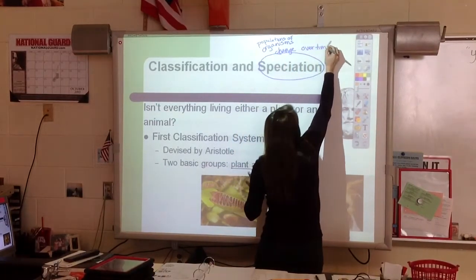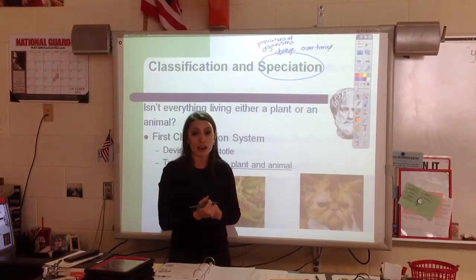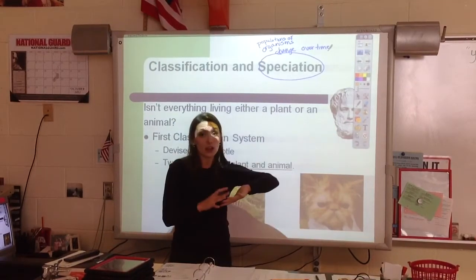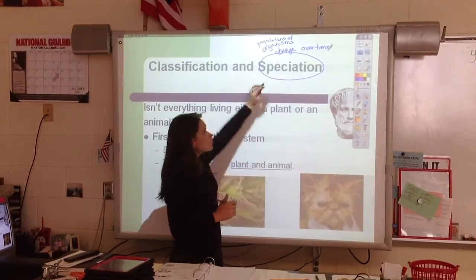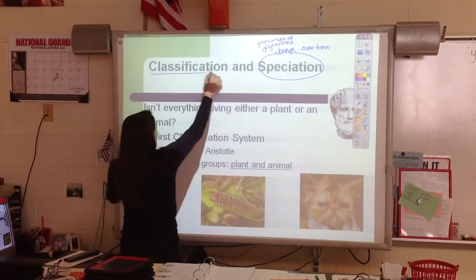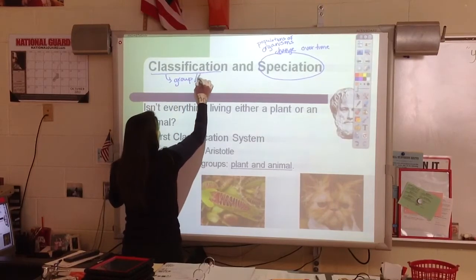And sometimes they are so different that they're now different species. Like in the article you read yesterday with the fruit flies. They got separated, they changed, and they could no longer mate. And so once we have different species, we do need to classify them or group and name them.